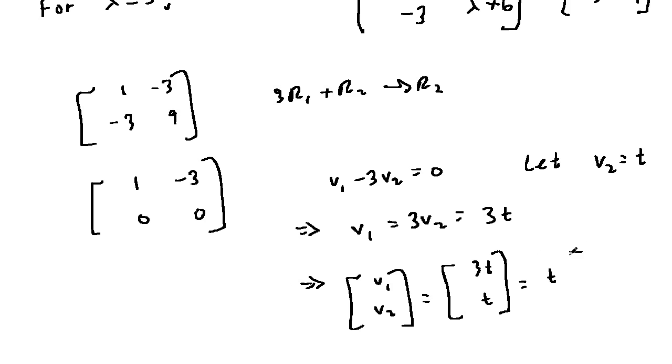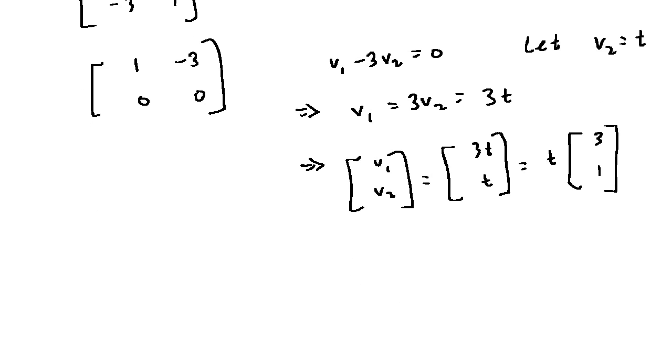Factor the t out, and I get that. The eigenvectors corresponding to lambda equals 3 are of the form t times 3, 1, where t is not 0.